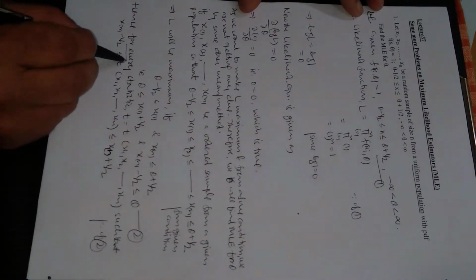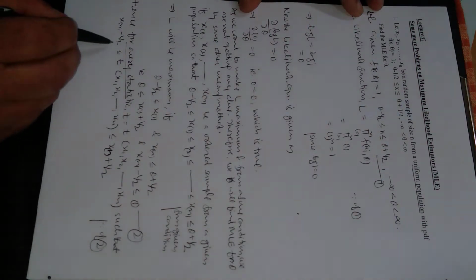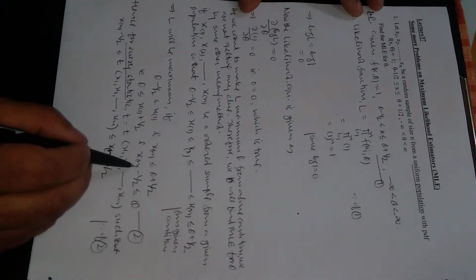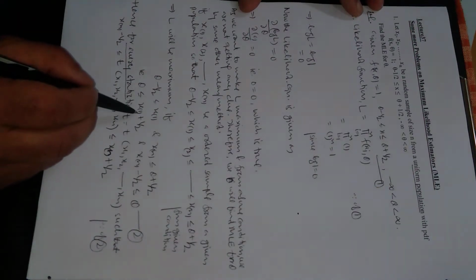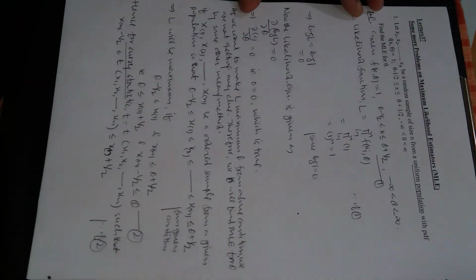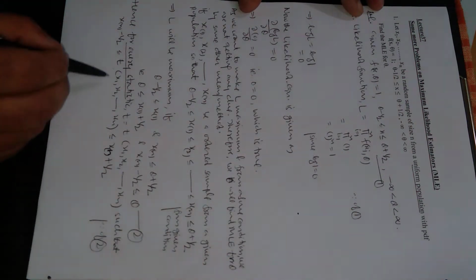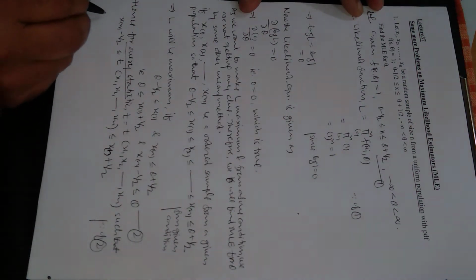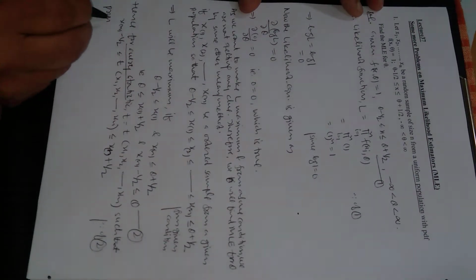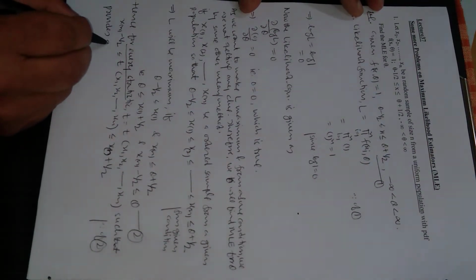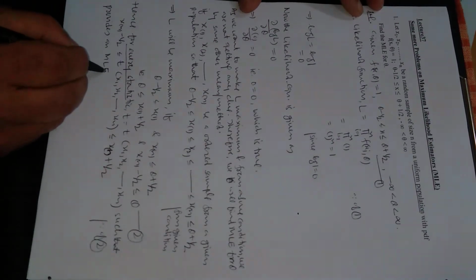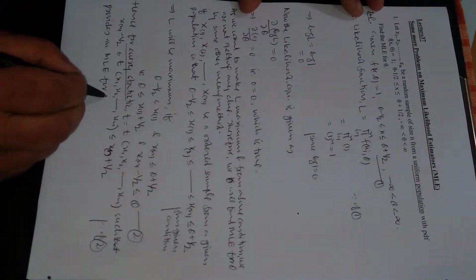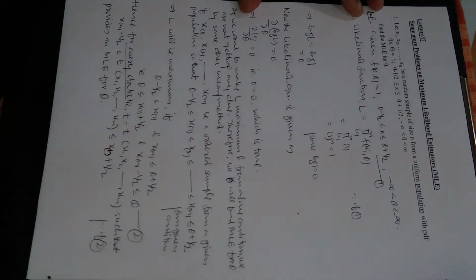So for every statistic t which lies in this range, where xn minus half is less than theta and theta is further less than x1 plus half, it provides a maximum likelihood estimator for theta. Every statistic which lies in this range will provide the maximum likelihood estimator for theta.